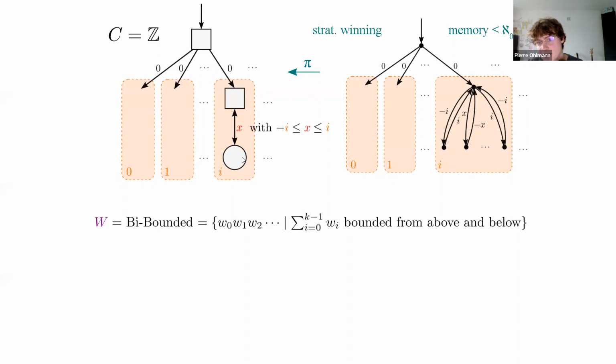The pre-image of gadget I has size I, and we have this for all I. So memory is finite but not bounded. Does that make sense?